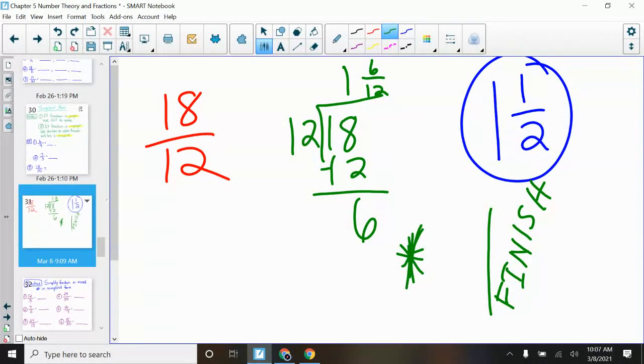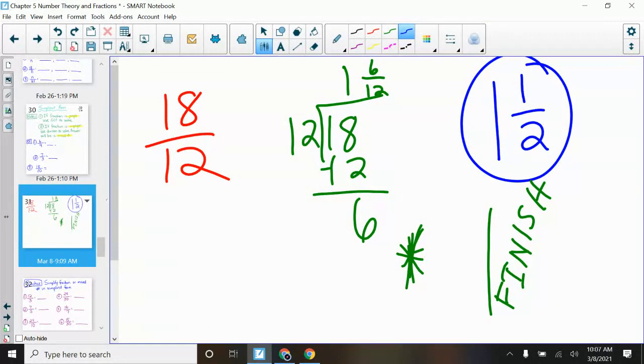You stopped before you got to the end of the race. 1 and 6/12 is not finished because the fraction 6/12 is now something that needs to get simplified. 6 and 12 are both what kind of numbers, people? Composite. So in your brain, that thing is going off.